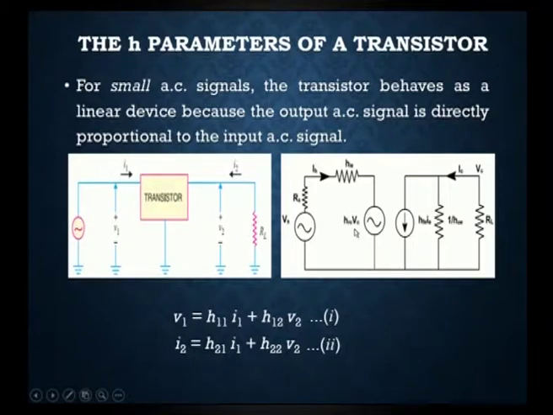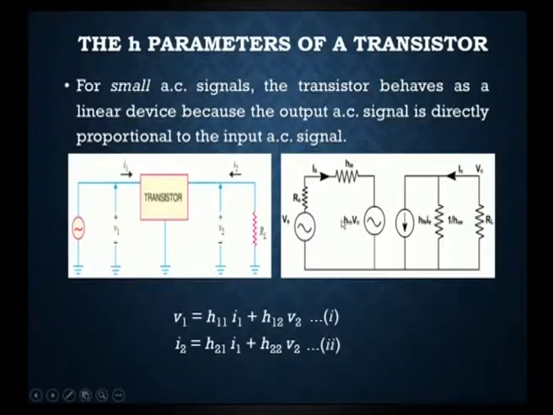hie, hre and hoe are the notations that we are going to use particularly for a transistor. This type of notation is not used for linear circuits, but here we are using hie, hre and hoe. These are the different notations that we carry forward for a transistor, because h_i is the input impedance, and e is the common emitter.